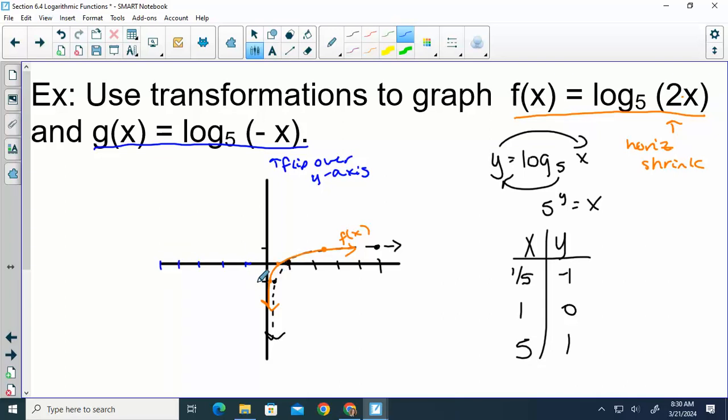Okay, so I'm taking my original x's and reflecting it. All right. Any questions there? Amazing mathematician. Last example I want to do.